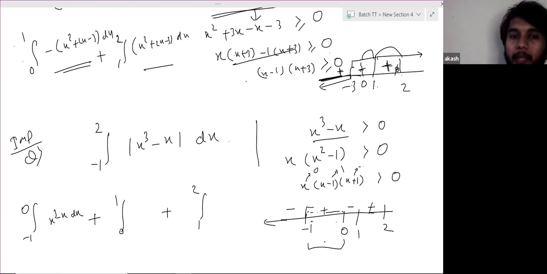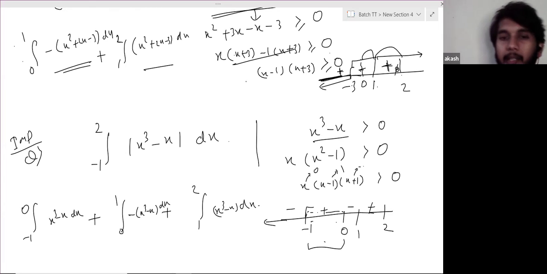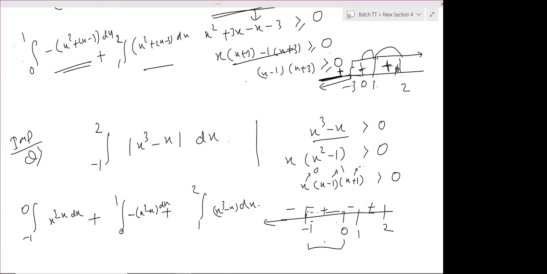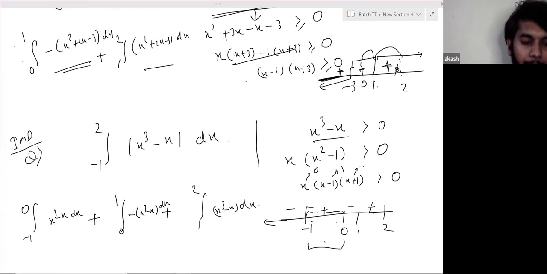From -1 to 0, we have positive. From 0 to 1, we have negative. From 1 to 2, we have positive. Integrate this, you'll get the answer. All right. Yes. Everyone got this? This is very important. Yes or no, everyone?